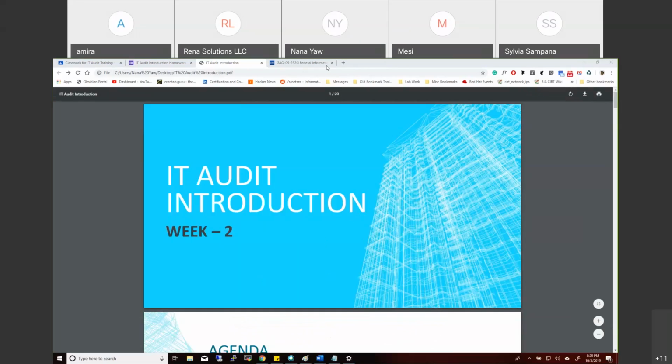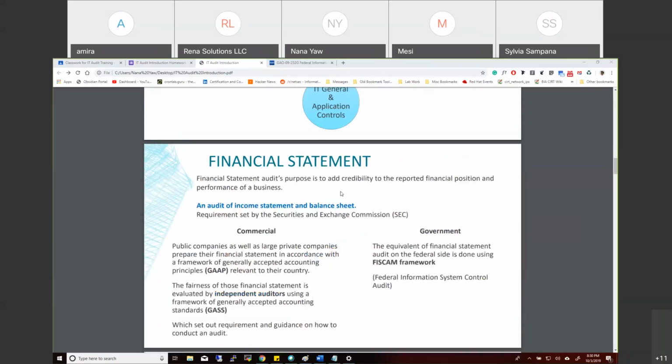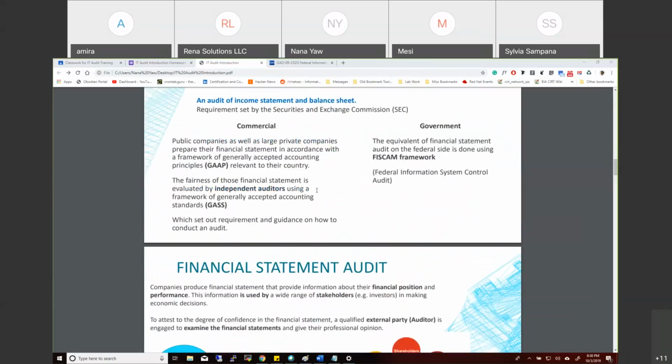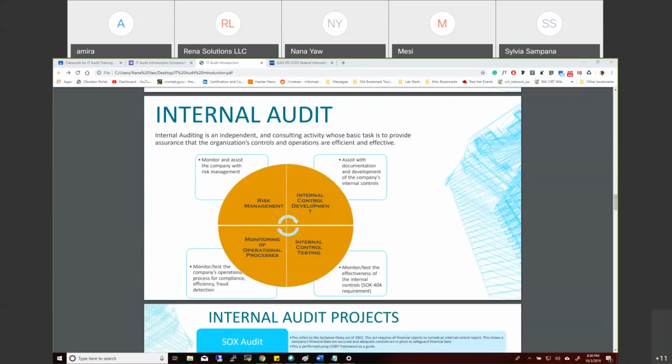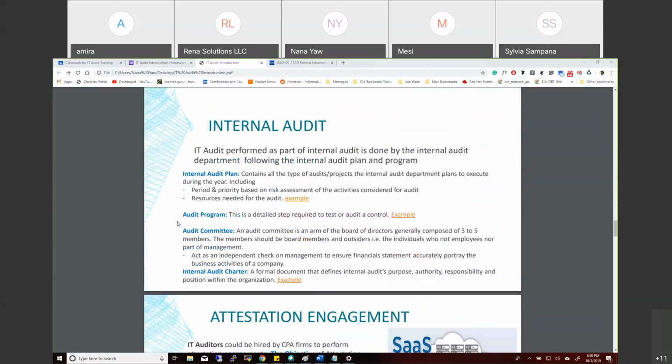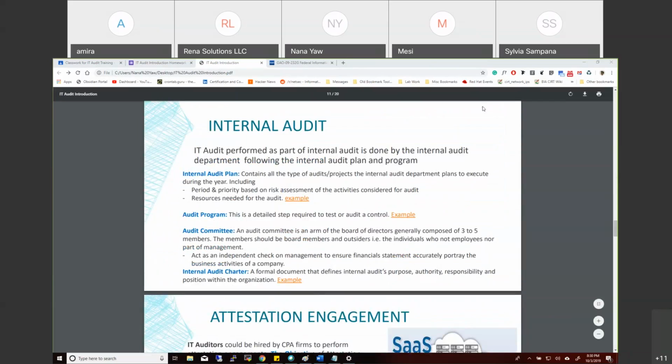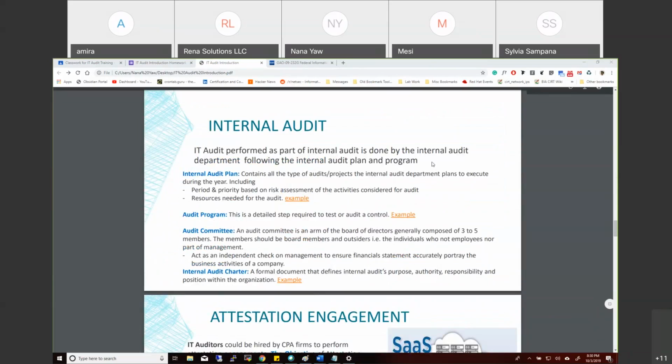Okay, so what was the question that Brittany answered? Is it what are the key components of an internal audit plan? I think that's it. Can you go over that again, please? The key components of an internal audit plan: it's a document that contains all the types of projects that will be covered or executed during a year.